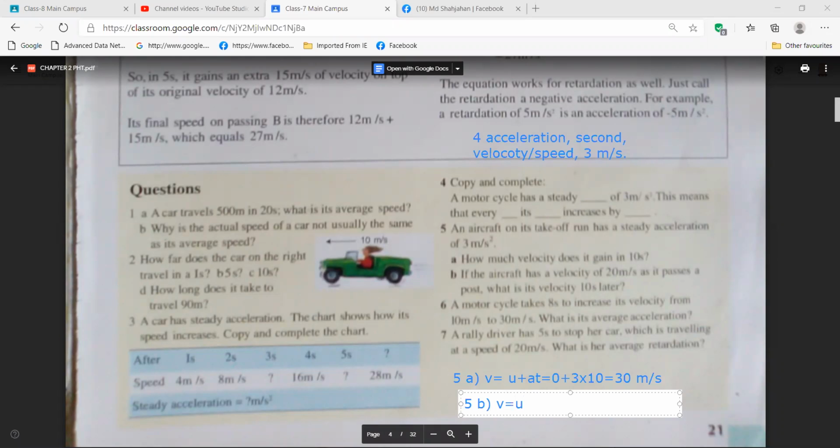Write everyone, V equals U plus AT. Then it is now 20 plus 3 times 10. So what is the answer? 50 meter per second. So we are done with question 5 also, right?